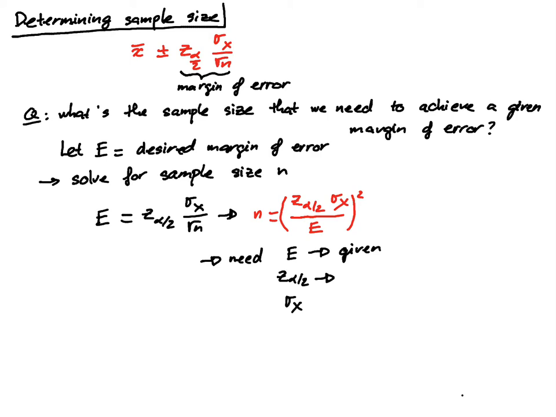Z sub alpha over 2 is a quantity that depends on the confidence level.